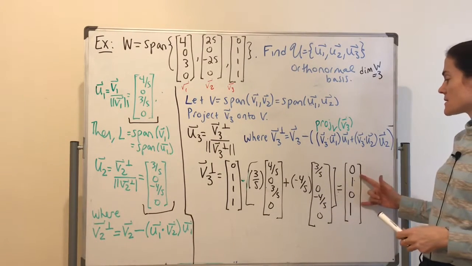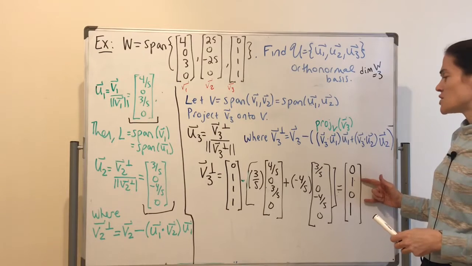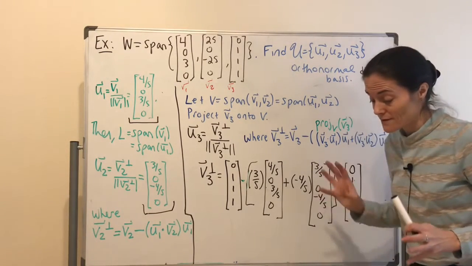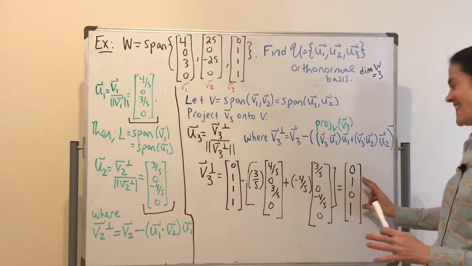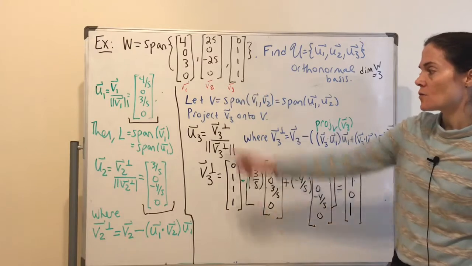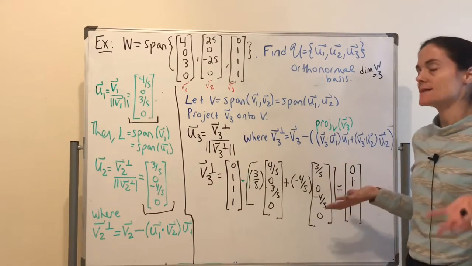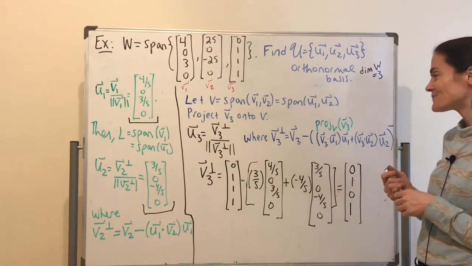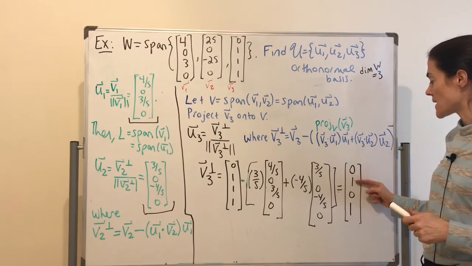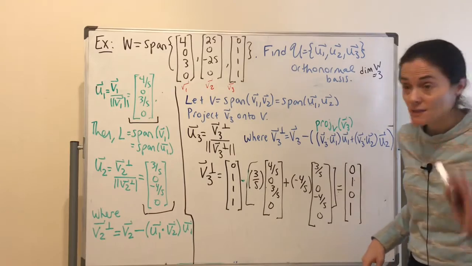Okay, so this, and you can check, it's very clear that the orthogonal component of V3, I should say, is in fact orthogonal to both U1 and U2, just looking at the zeros, right? But now it's not unit. In fact, if you think about the length, it's the square root of 1 plus 1, square root of 2.